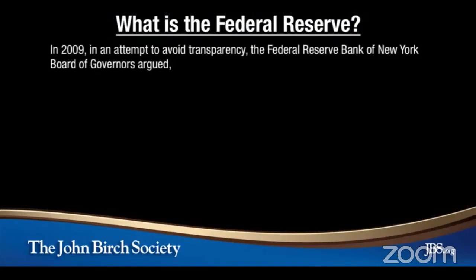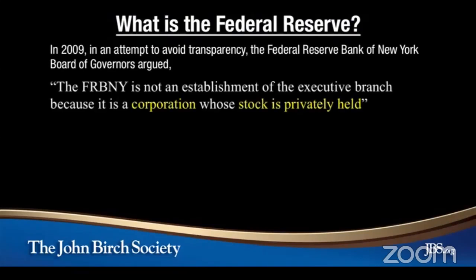And in an attempt to avoid transparency, saying that we are not subject to Freedom of Information Act requests because we're not a government agency, they start to tell us the very contrary to what they've always said. For example, they say that the Federal Reserve Bank of New York is not an establishment of the executive branch, contrary to what we've been telling you up till now, because it's a corporation whose stock is privately held.